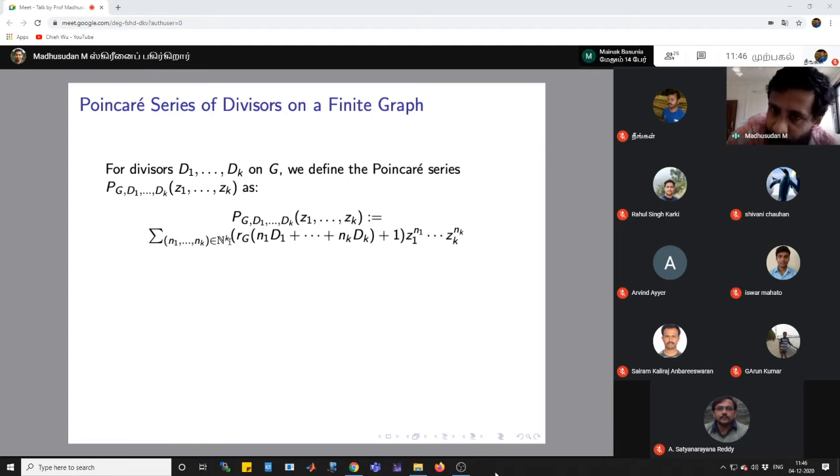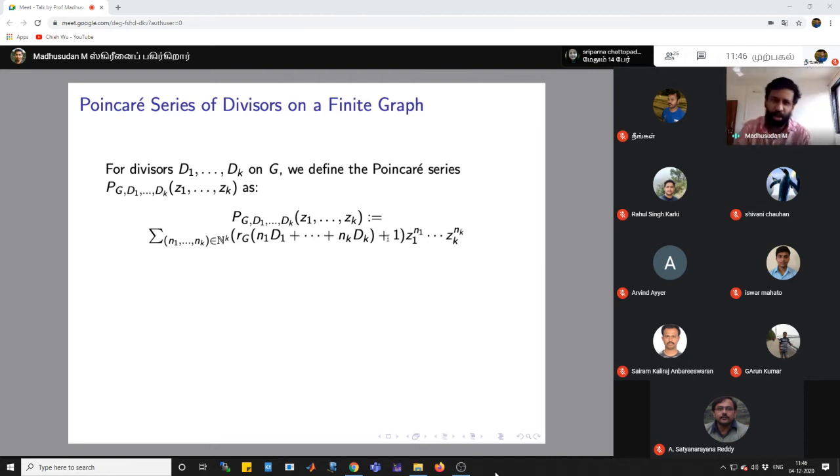The coefficient of the monomial z1 to the n1 through zk to the nk is the rank of the corresponding integral combination of these divisors: you take n1 D1 and so on till nk Dk, and you take its rank, plus 1.